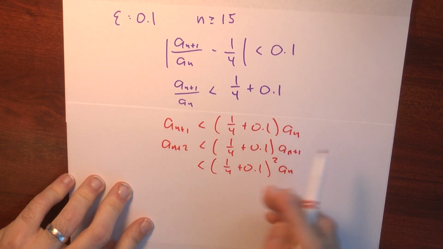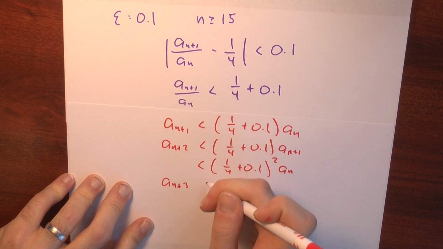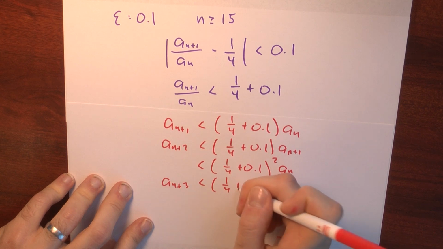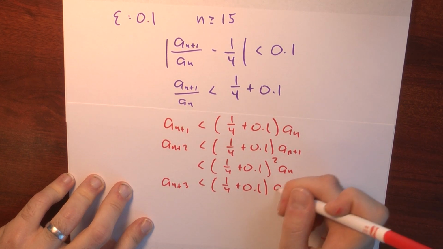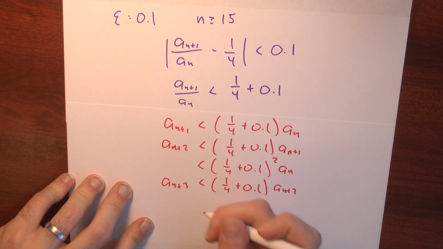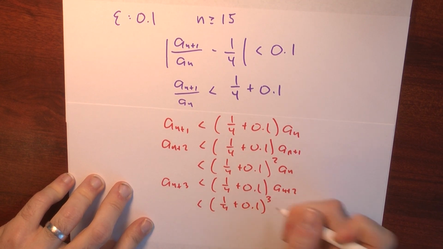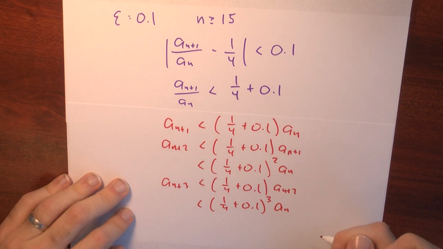Now, this fact with n replaced by n plus 2 tells me that a sub n plus 3 is less than a quarter plus 0.1 times a sub n plus 2. But a sub n plus 2 is less than a quarter plus 0.1 squared times a sub n, so a sub n plus 3 is less than a quarter plus 0.1 cubed times a sub n.